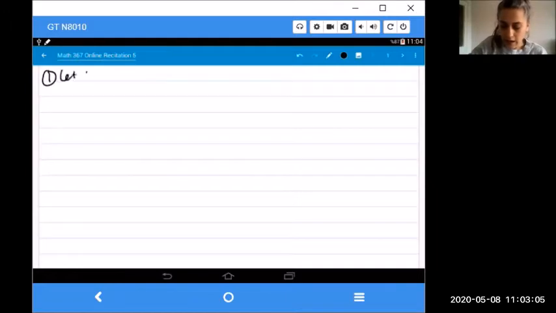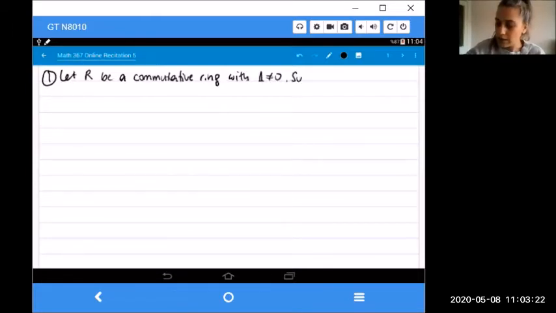Let R be a commutative ring with one different from zero. It's zero, the additive identity.